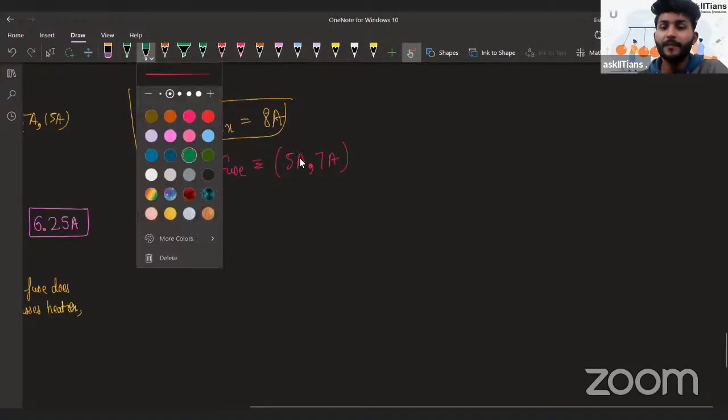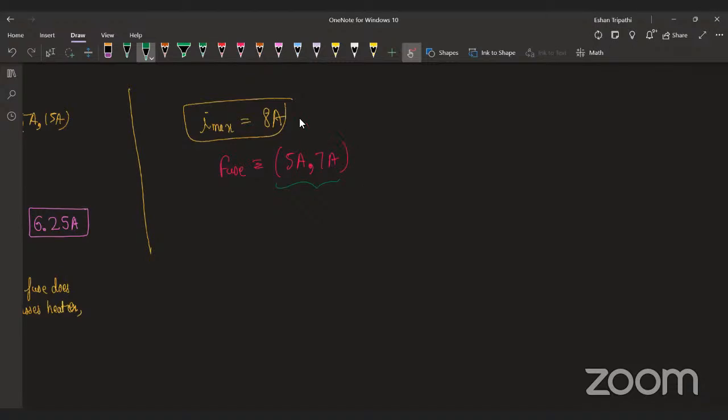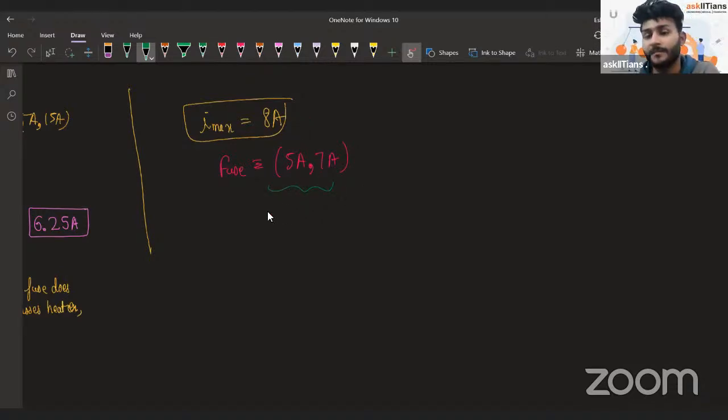Guys, see, in which of the two cases will the heater malfunction? Which fuse cannot ensure safety? It will not malfunction in any of them.